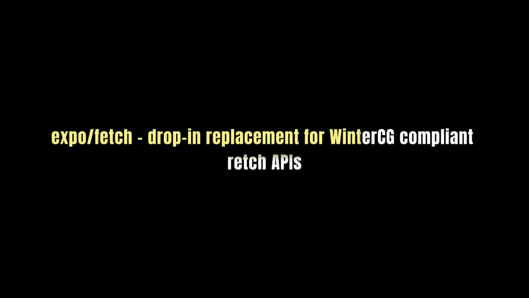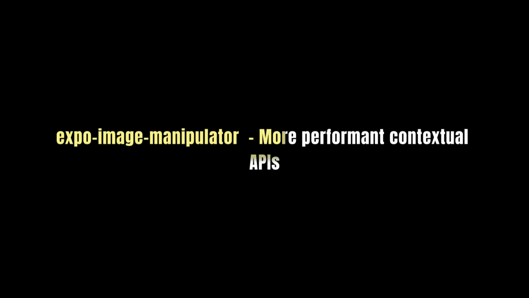Expo Constants properly loads environment support. Expo Calendar form sheets are now launchable. Expo Fetch, a drop-in replacement for WinterCG compliant fetch APIs. Expo Image Manipulator, more performant contextual APIs. Expo Live Photo, display live photos on iOS. Expo Camera, various fixes and improvements.